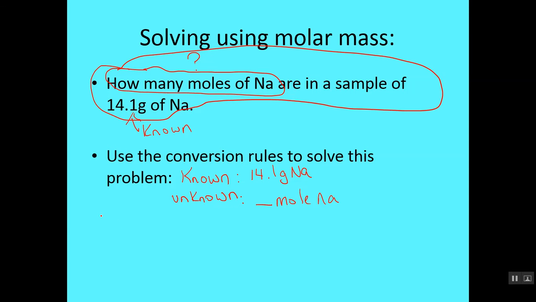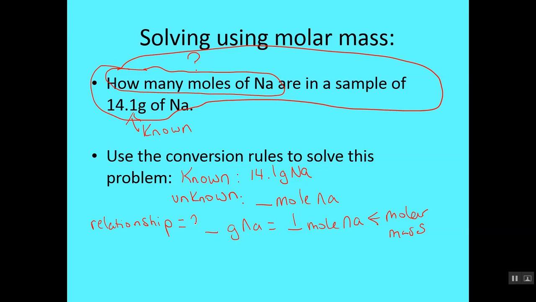Alright, so let's talk about what we can do now. Well, remember, next step is a relationship. So we need a relationship between that known and that unknown. Do we have a relationship that compares grams of sodium to moles of sodium? And we do, because we just talked about it. That relationship is called molar mass. In 1 mole of sodium, there's how many grams?